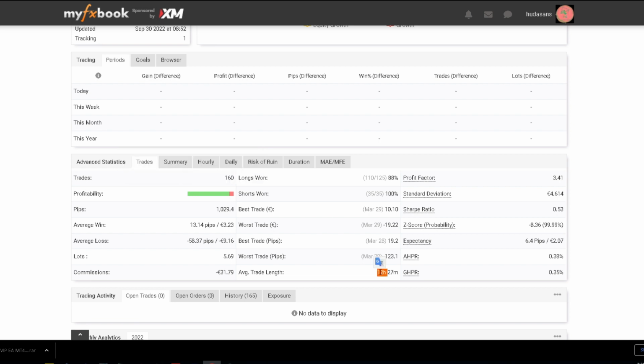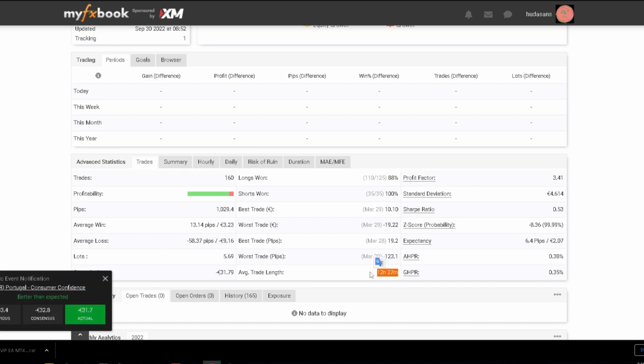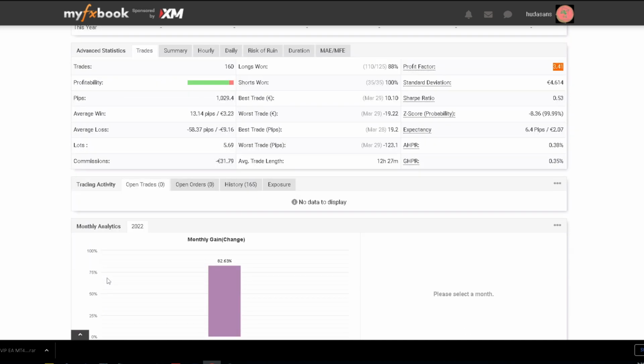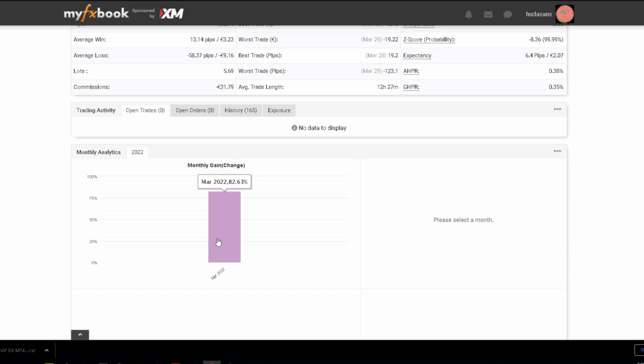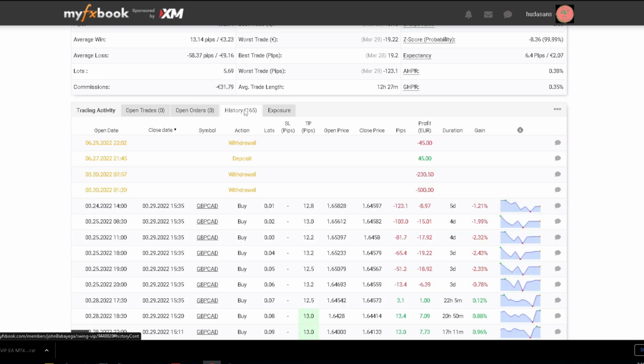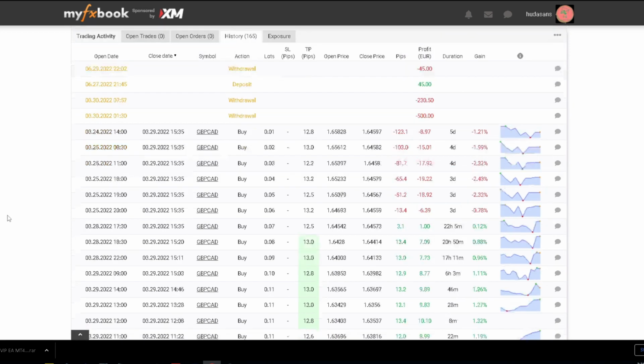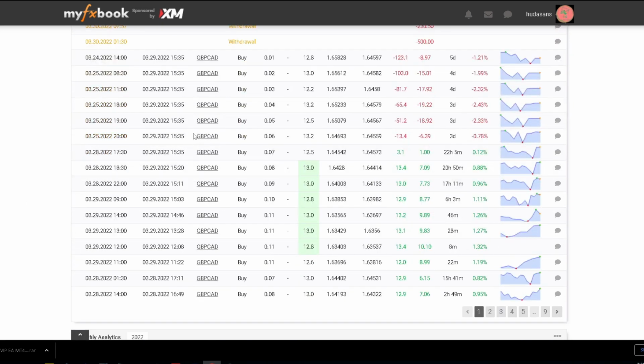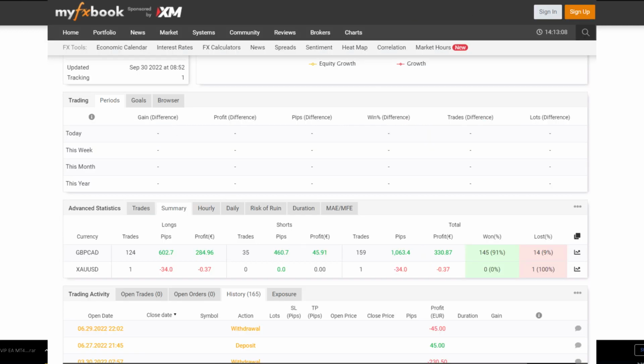With an average trading duration of 12 hours 22 minutes. Monthly analytics. Yes, these are the advantages of trading in March. Trading history. You can see the history of deposits and withdrawals. If we look here at the pair used for GBP/CAD trading.